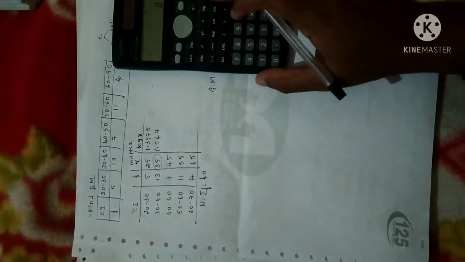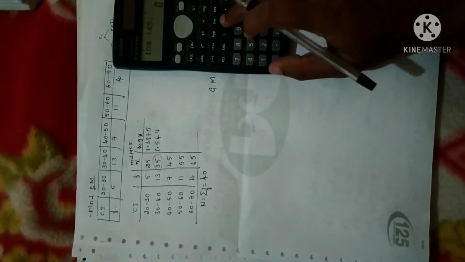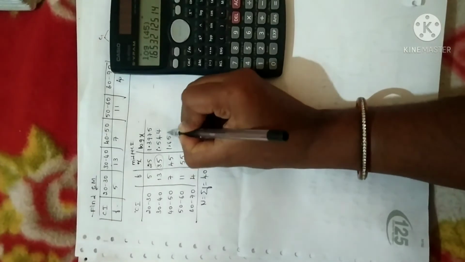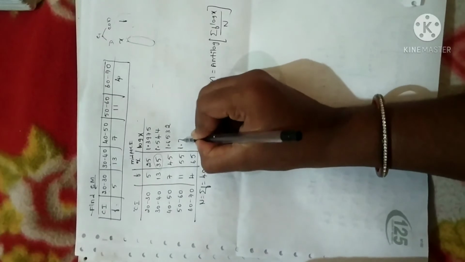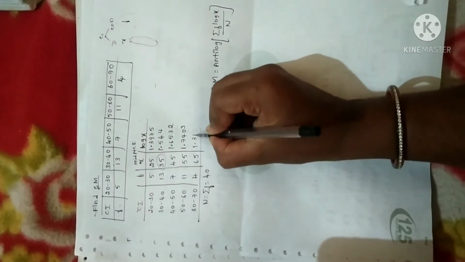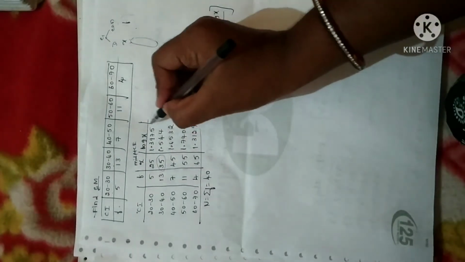Next, log 45 is 1.6532. Similarly, log of 55 is 1.7403, and log 65 is 1.8129. So I have obtained the values of log x.